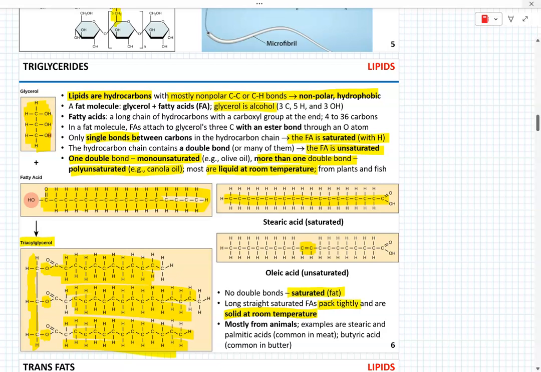These saturated fats can be found mostly in animals. Examples of such saturated fatty acids are stearic and palmitic acids, commonly found in meat, and butyric acid, commonly found in butter.